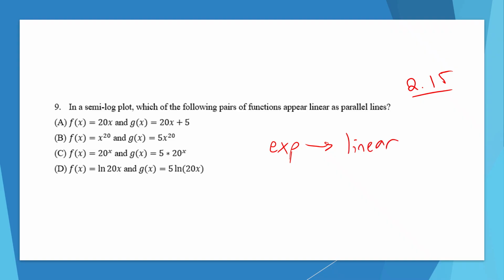And so the two exponential equations are C, which is our answer here. Parallel lines are really just because they have the same base, and the slope of the linear lines is based on the base in the form a times b to the power of x.